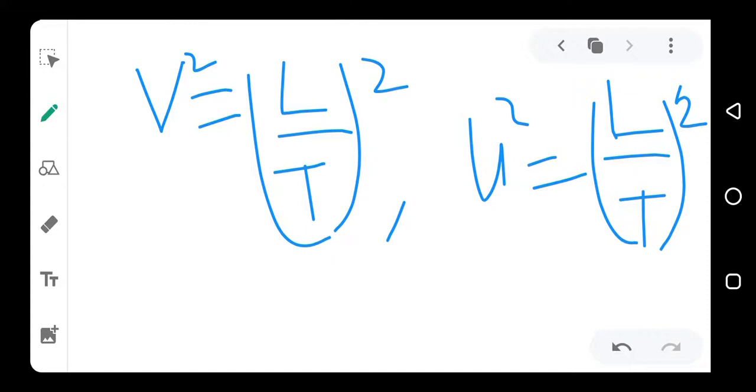Acceleration is the next derived quantity. Acceleration is velocity over time, where velocity alone is length over time.